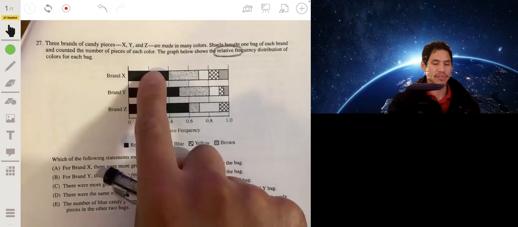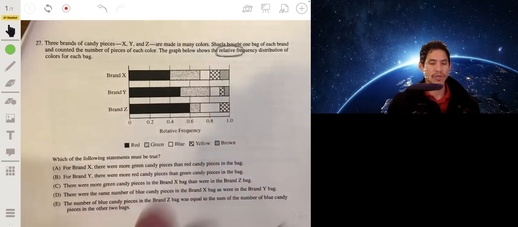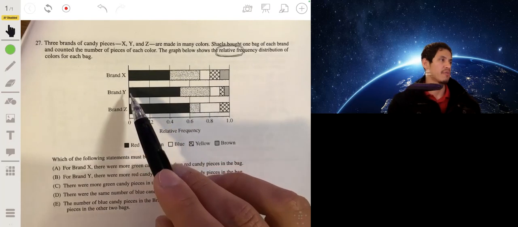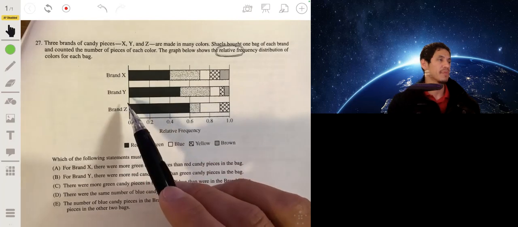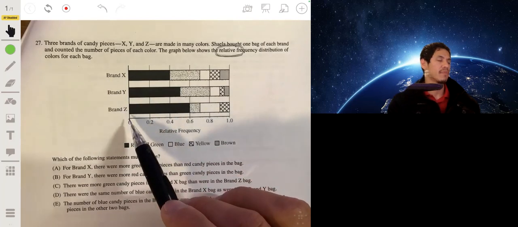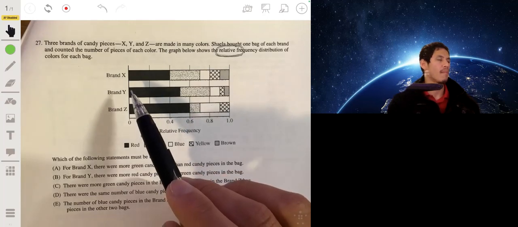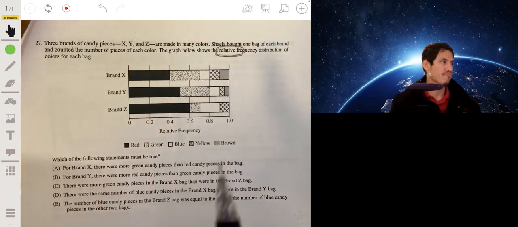It's percent out of the total. So we don't know how many are actually in brand X or brand Y or brand Z. They can have completely different totals. Brand X could have like 1,000, brand Y could have 100, and another could have a million, and we don't know.